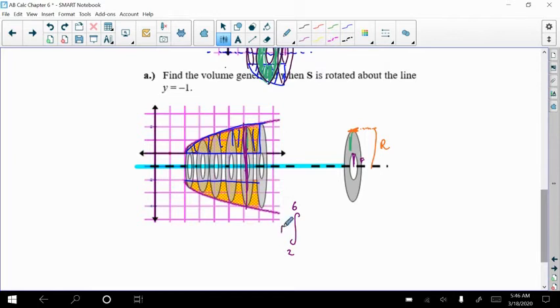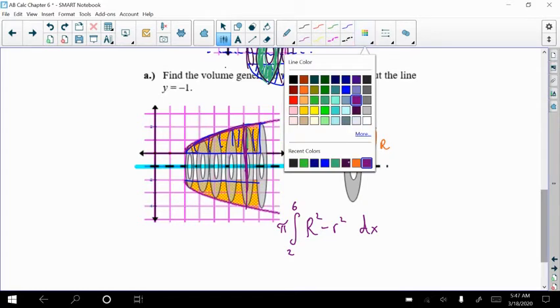And I'm always going to factor out my pi. And I'm looking for big R squared minus little r squared. We're perpendicular to the x-axis, at least in terms of that rotation, so it's going to be in terms of x. So let's identify this big radius. This big radius has an upper boundary of this function and a lower boundary of this blue line.